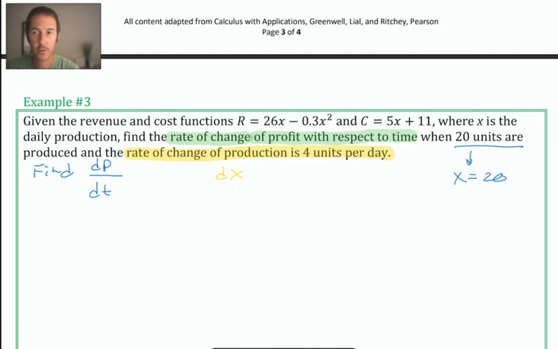Days are a measure of time, so this must be dx over dt. And I know that that yellow is a little bit light, so I won't keep using that after this. dx/dt is 4 units per day, so that's going to be equal to 4. I'm not putting units on it, but thankfully the variables tell me a little bit about units, even if I have to reference back to the original question, where X is the daily production, so it's number of units.